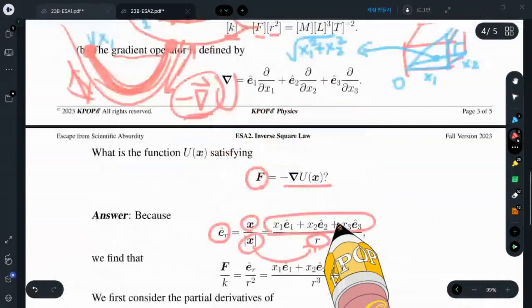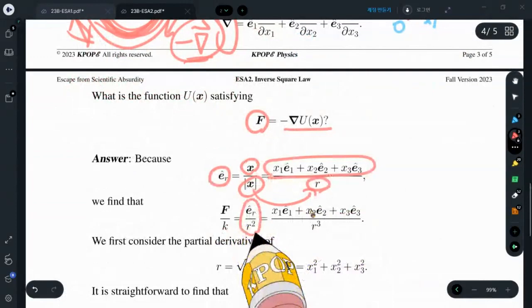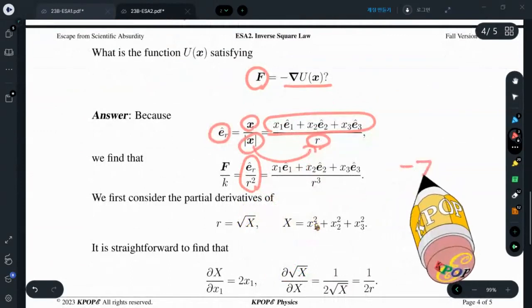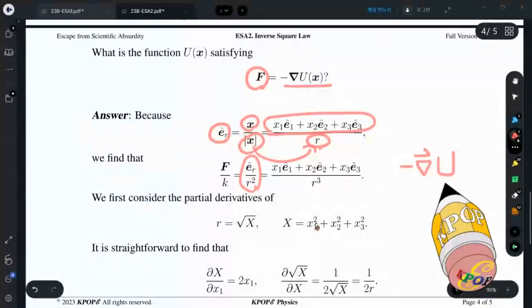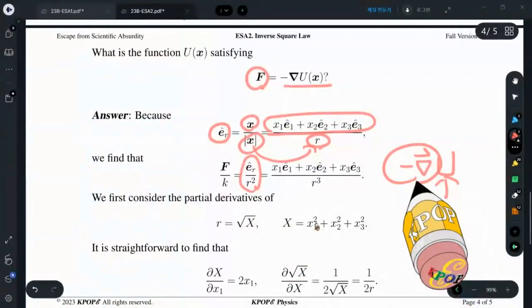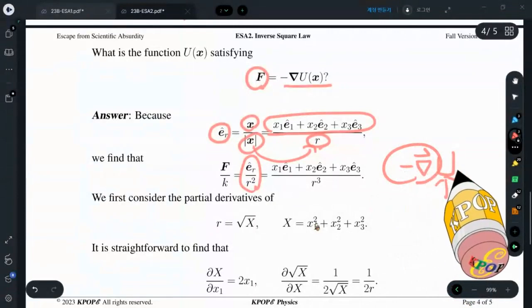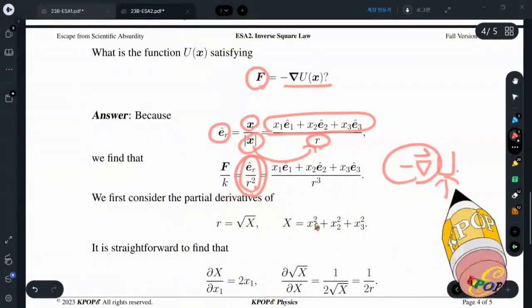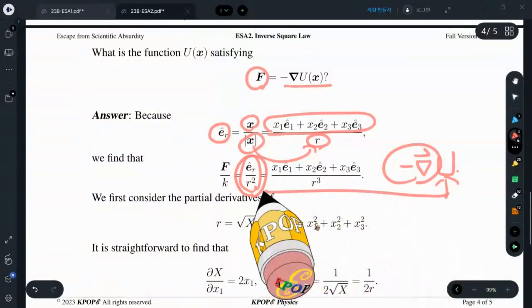What I'm doing is just to simplify this expression. I would like to make an educated guess to find a function that satisfies: minus gradient of this function is this. If I could find some u, then I have found the solution.